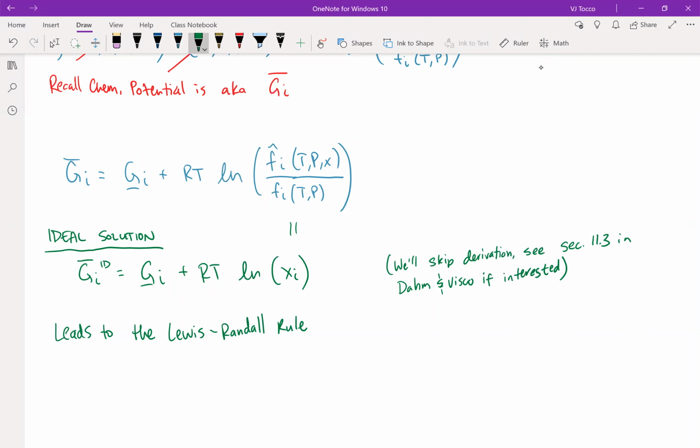So these equations have to be equal. Therefore, we can say that Xi times Fi, so this is the mole fraction of component I, Fi is the pure component fugacity.